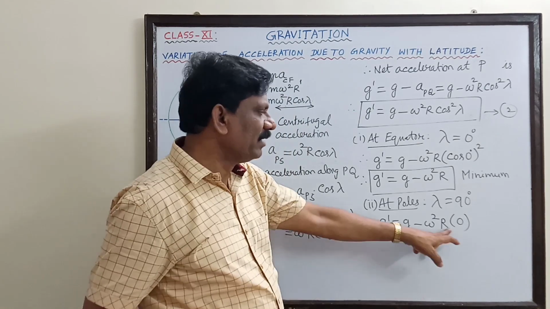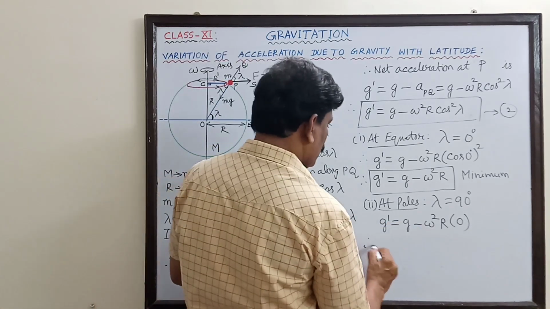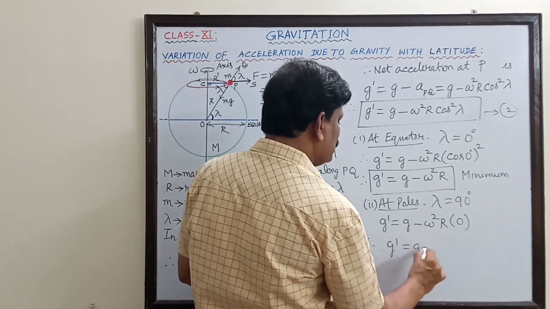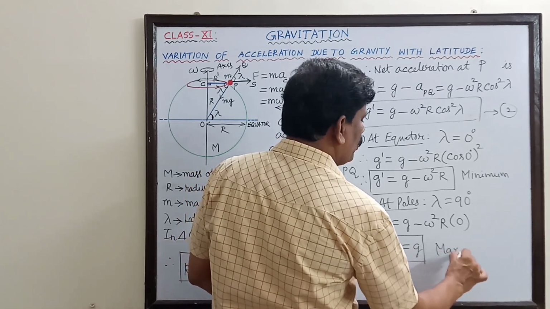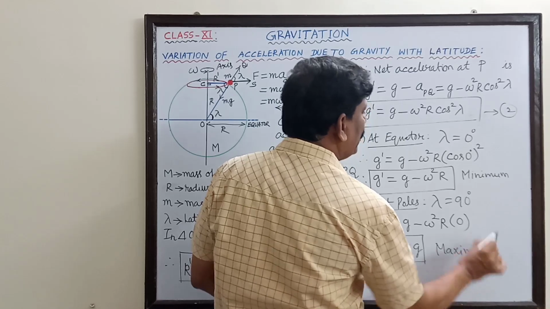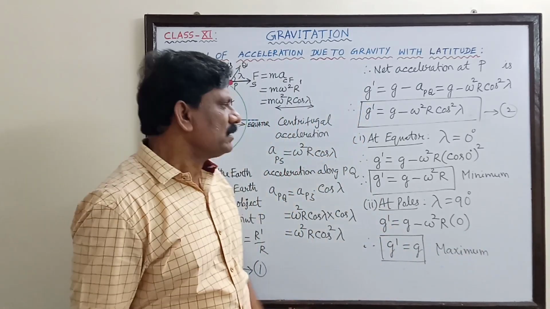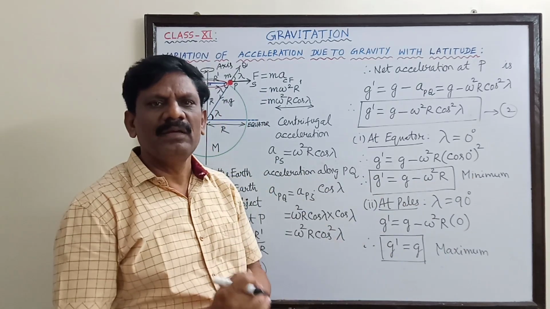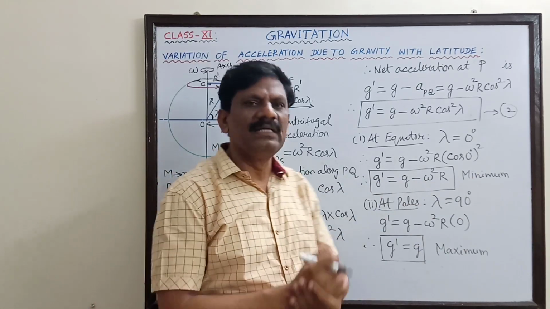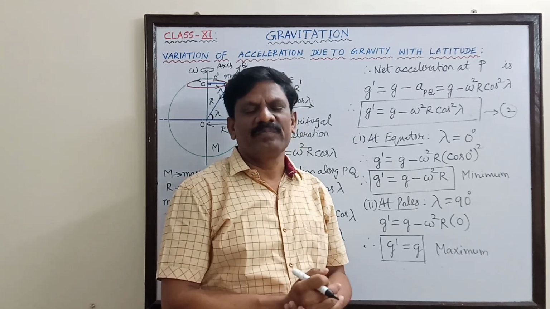The second term will become 0. Therefore G dash is equal to G, and hence it is found to be maximum compared to the equator. So at the equator G will be minimum, and at the poles G will be maximum.